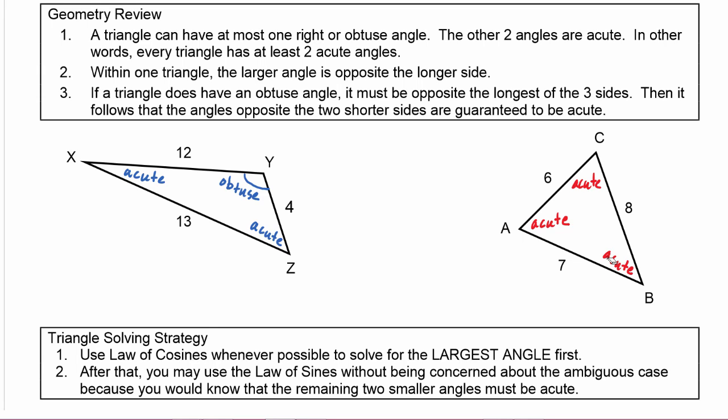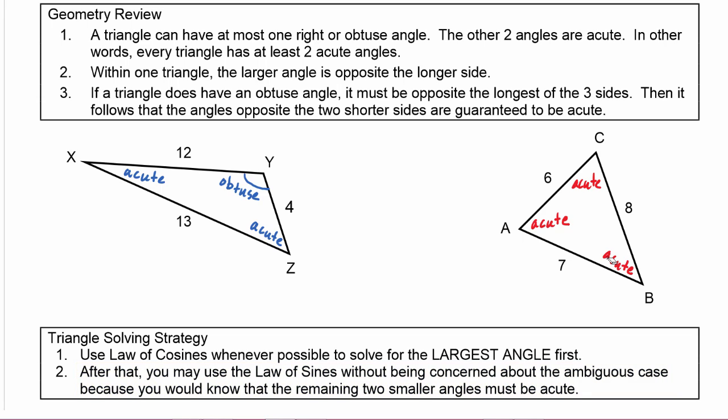So a good triangle solving strategy is to first use the law of cosines whenever possible to solve for the largest angle first. Then you'll find out right away whether that angle is obtuse or acute. Second, after that, you may then use the law of sines without being concerned about the ambiguous case, because you would know that the remaining two smaller angles must be acute.